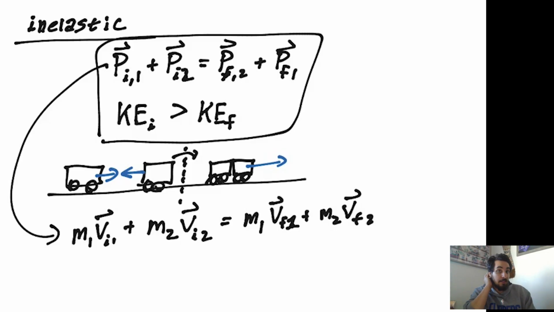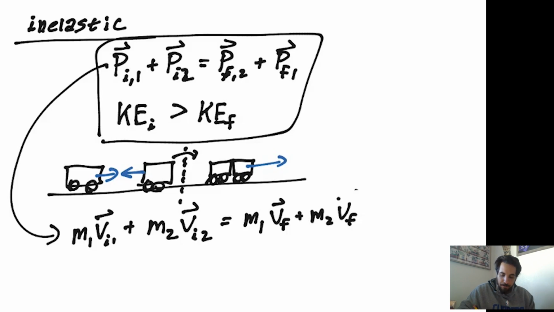And then we take a look at this and we understand that cart 1 and cart 2 are going to be stuck together. They're physically connected, mechanically connected. And since they're mechanically connected, they will share the same final velocity. So instead of writing out m1 v final 1, m2 v final 2, I could instead write out m1 v final plus m2 v final, because again, they have the same final velocity.